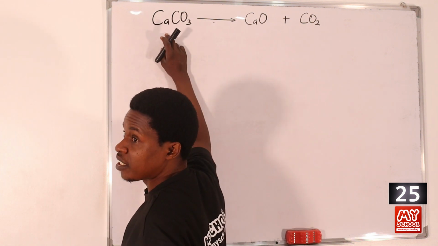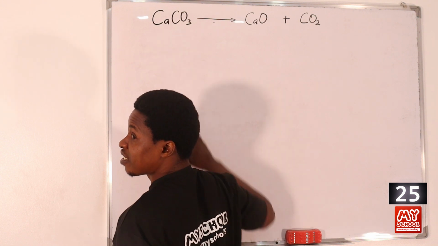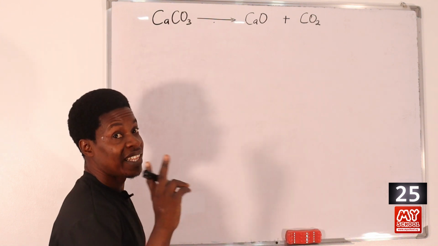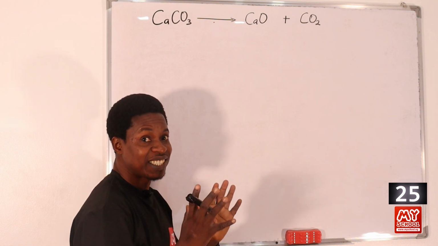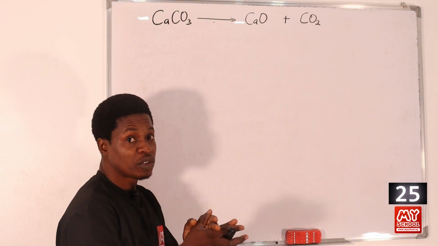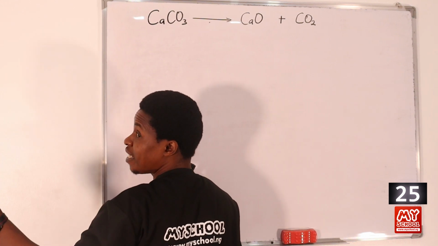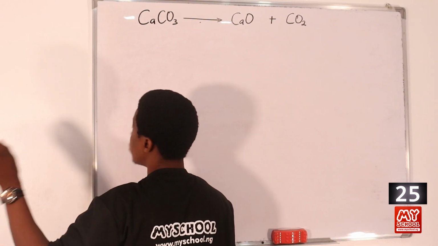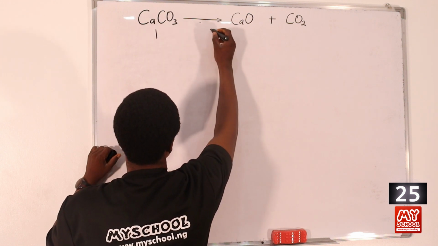How many moles of limestone will be required to produce 5.6 grams of this? There are two ways. Like I used to say, there are different ways of killing a rat, so whichever method is easier for you, you can follow. The question says how many moles of limestone. First of all, the ratio is 1 to 1.